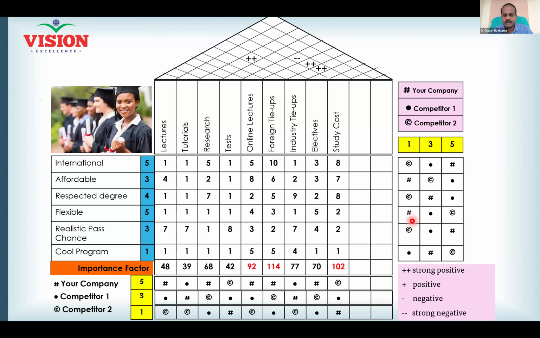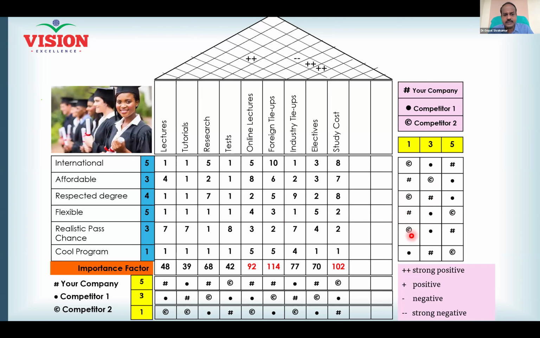That means customers feel that your competitor 2 is better in terms of flexibility, and you are not so flexible in comparison. Now you really have to improve here. How can you make your program a little more flexible?